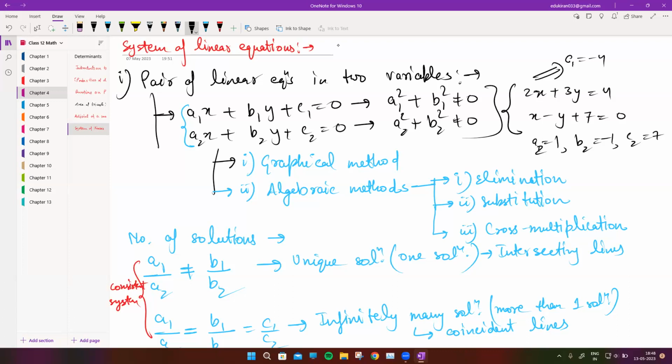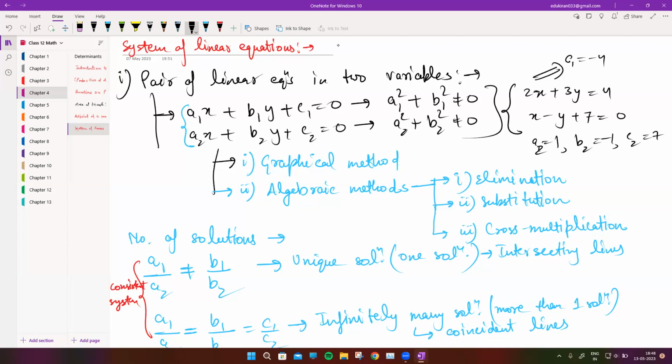Now, just a general question. This is not related to our syllabus, but this can be related to your physics or chemistry. So you must have heard about degrees of freedom. If not, then try to find out what this means.